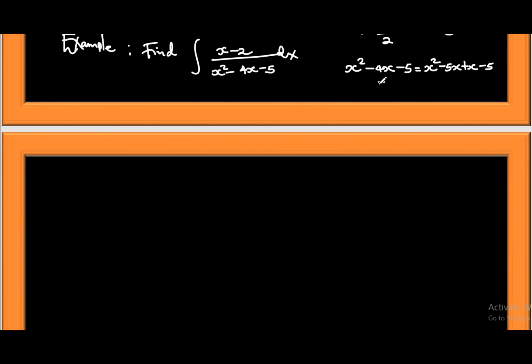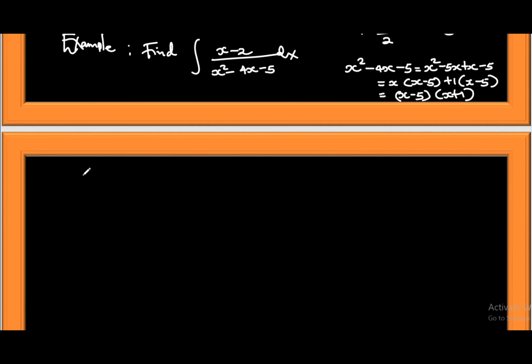And that means at the end of the day, you have x into brackets x minus 5 plus 1 into brackets x minus 5. So at the end of the day, the expression becomes x minus 5 into brackets x plus 1, and therefore it gives us linear factors.